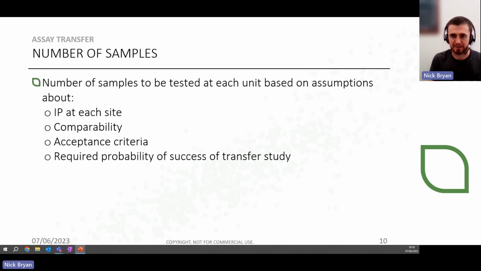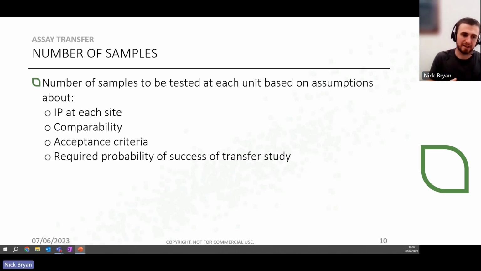So in essence, we're trying to say, right, well, if we want to achieve this level of acceptance, how many samples will that take?